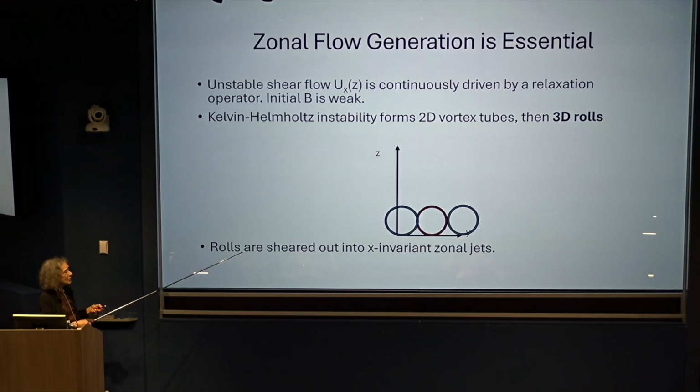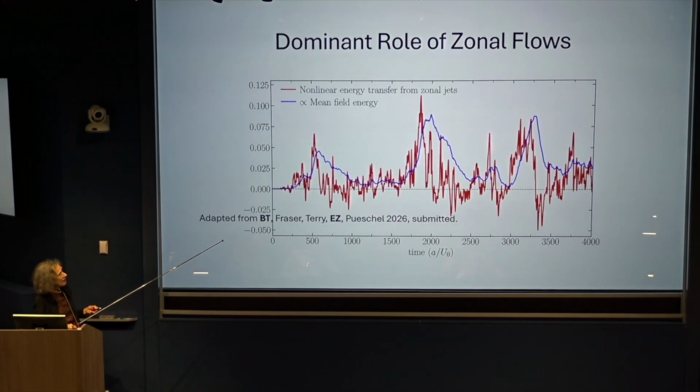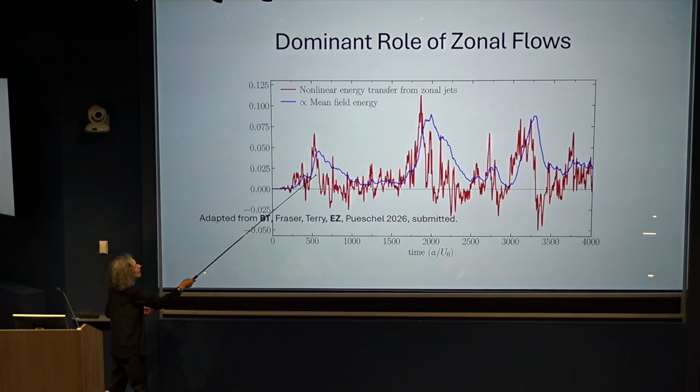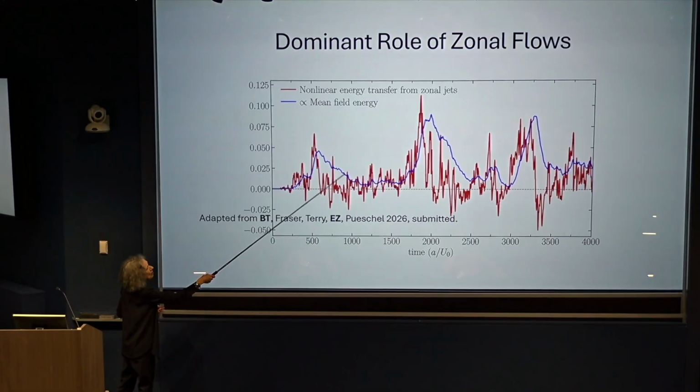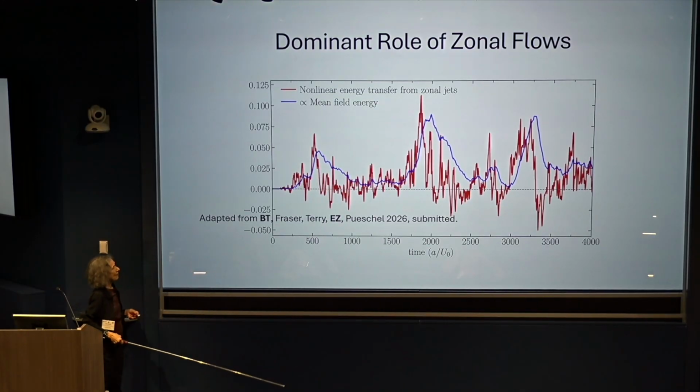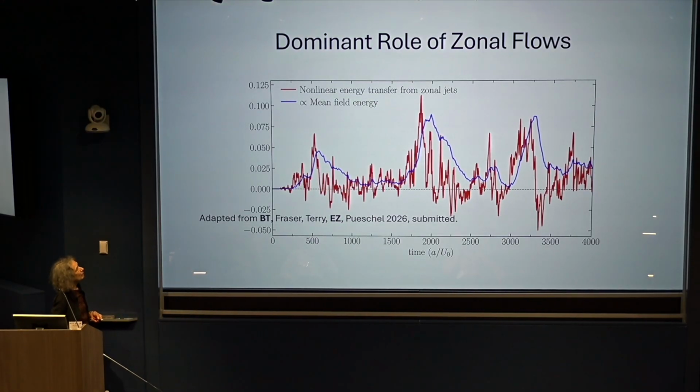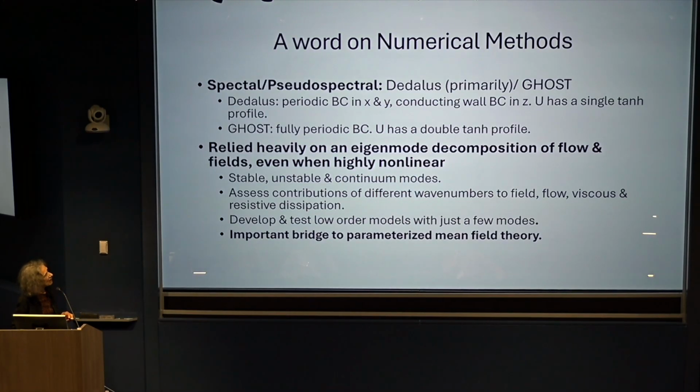So we couldn't do this without three dimensions and without the generation of this secondary flow. This is just a little more to show that it's the nonlinear energy transfer from the zonal jets that's really feeding the growth of that mean field. This is a recently submitted paper, under review.